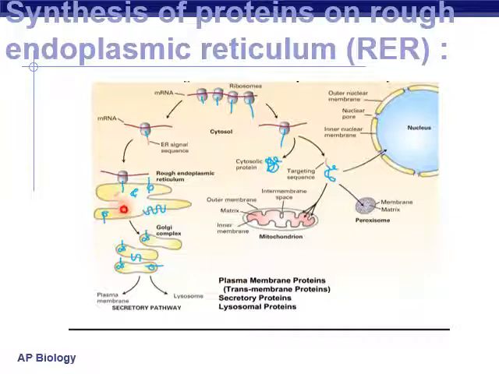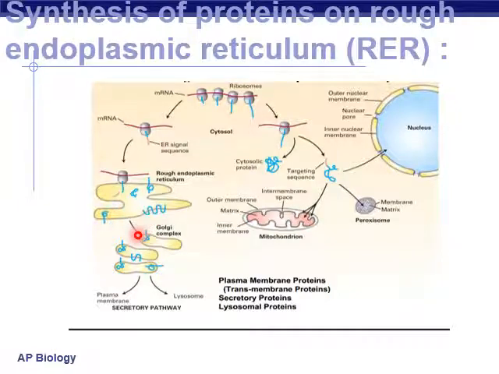It is able to penetrate the membrane of the rough endoplasmic reticulum, and the ribosome continues reading the messenger RNA to form a secretory protein. Then the secretory protein is injected into the lumen of the rough endoplasmic reticulum, and the signal sequence is enzymatically cleaved from the newly synthesized protein molecule.